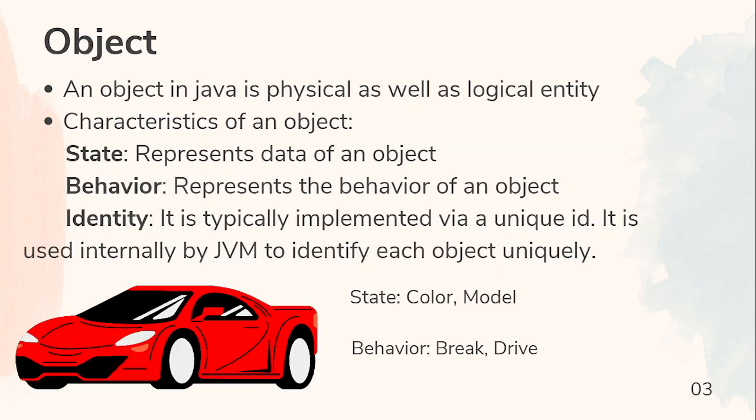Next is the object. An object in Java is a physical as well as logical entity. Everything in our real world is an object. Whenever we define it in physics, we can say everything is an object, and some things have a physical state and some have a logical state.